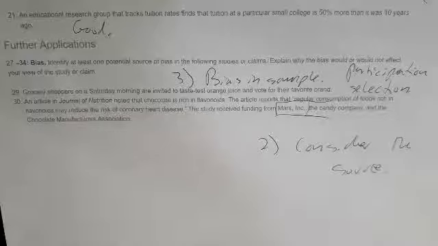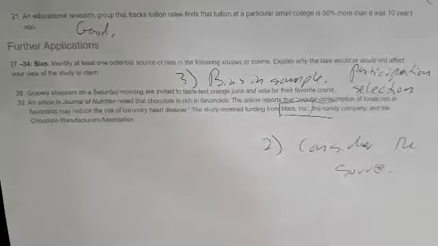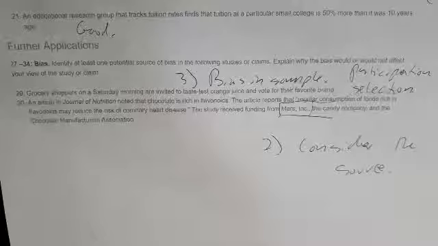So are we looking at the chocolate manufacturers? Or are we looking at the study received from Mars Incorporated? Mars Incorporated is the chocolate manufacturer. Okay, so are we looking at the study received from the funding?